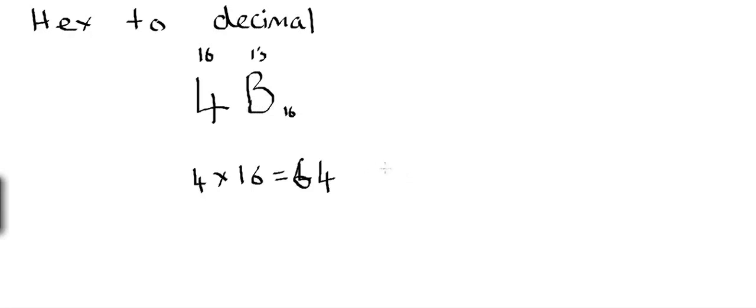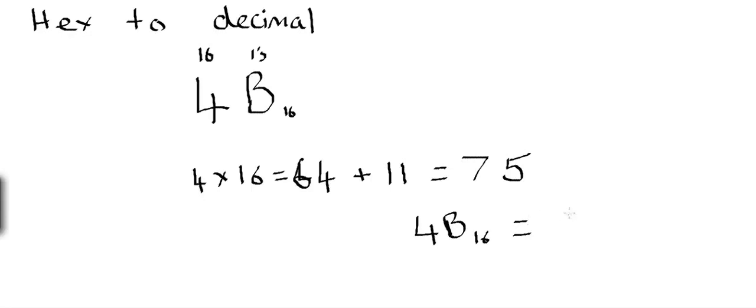So we've got 11. If we add those together, we are left with a value of 75. So 4b in hexadecimal equals 75 in decimal.